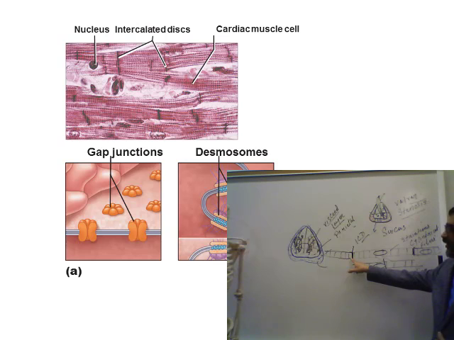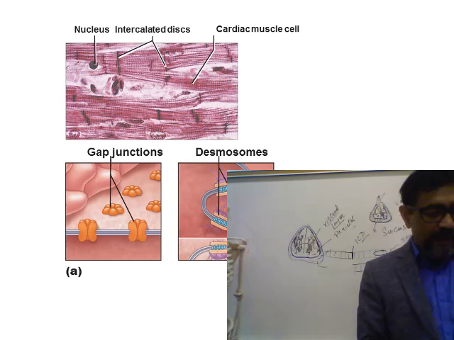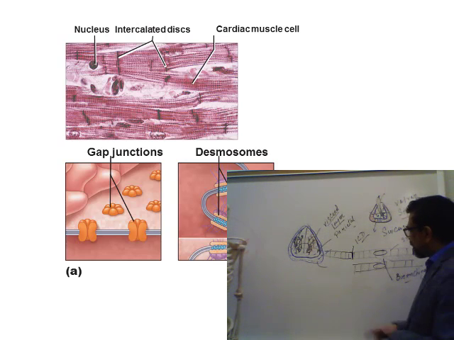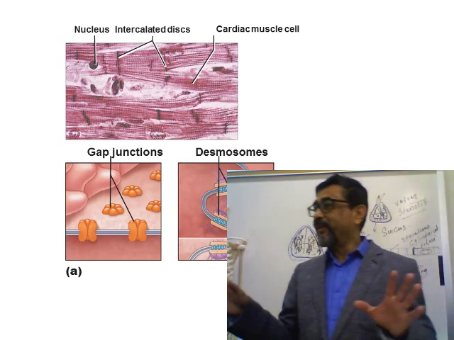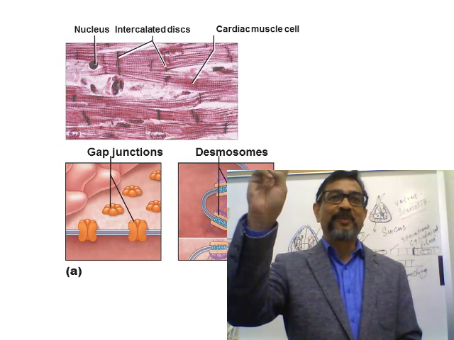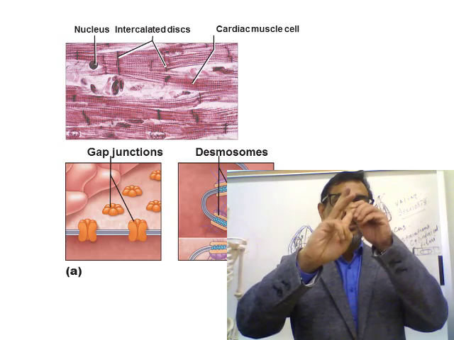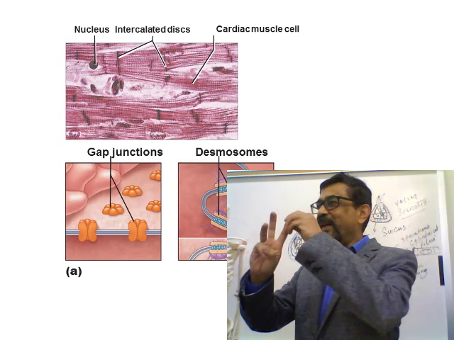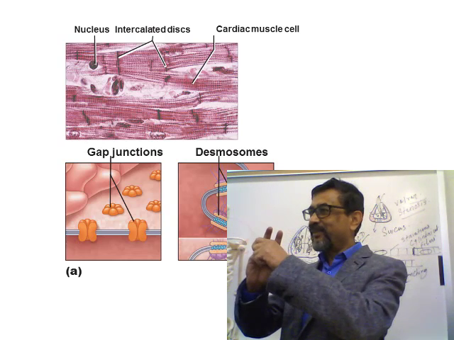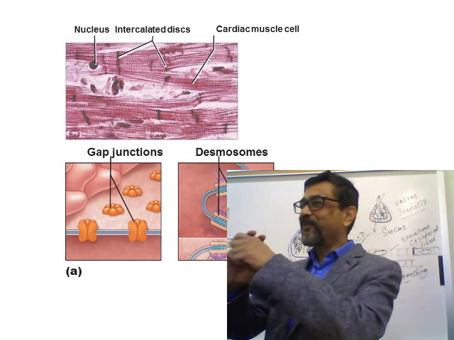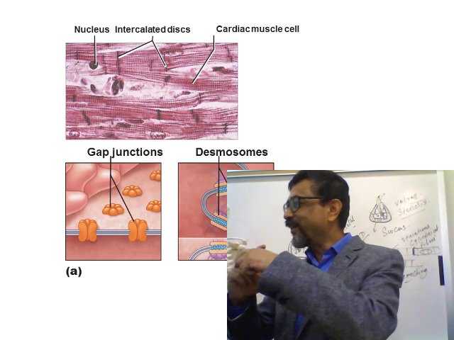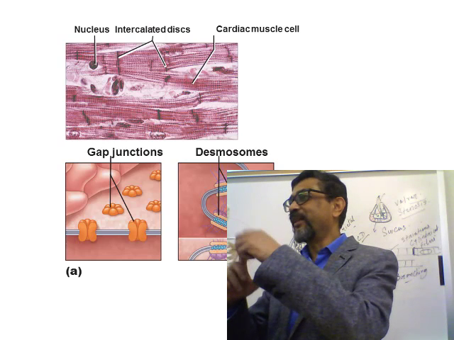In the intercalated disc, you have desmosomes, which hold the fibers or cells like a zipper in your cloth, very strongly like this. Okay, so the protein structures, linker proteins, come out from the cell membranes like this, and hold the cells very strongly. That's the desmosome. Okay, so the fibers are strongly attached to each other. Is it clear? Number one.